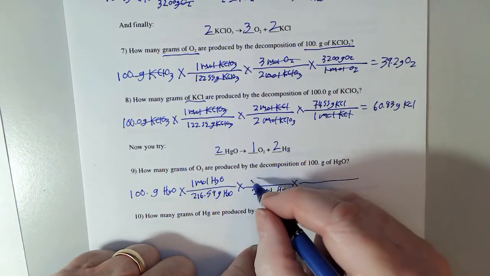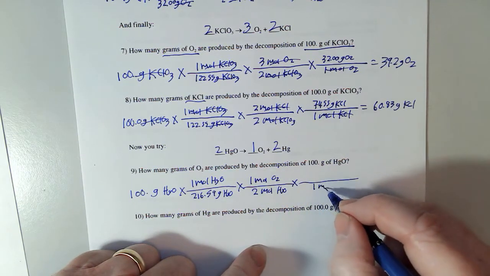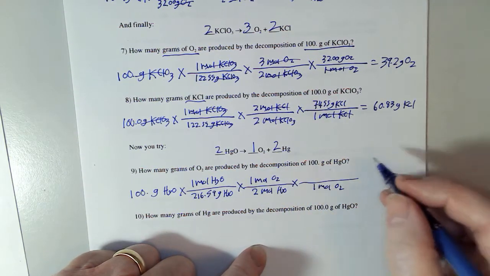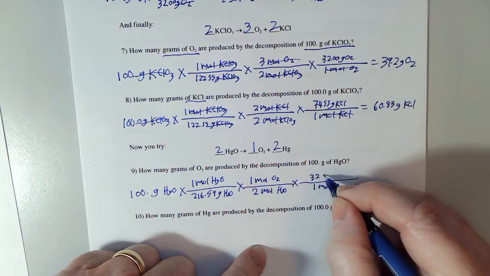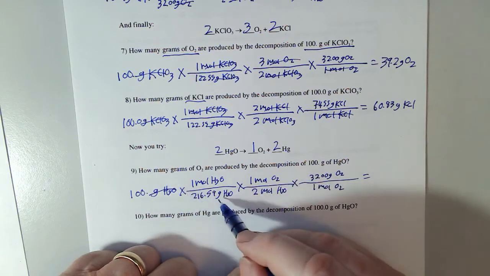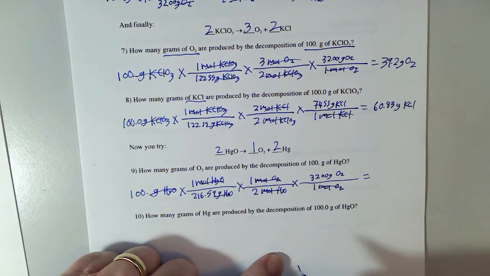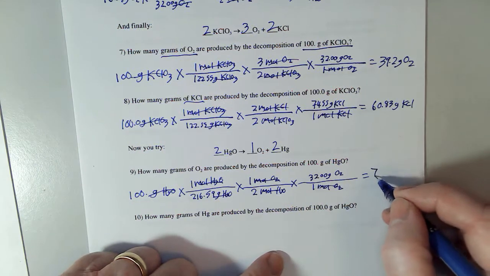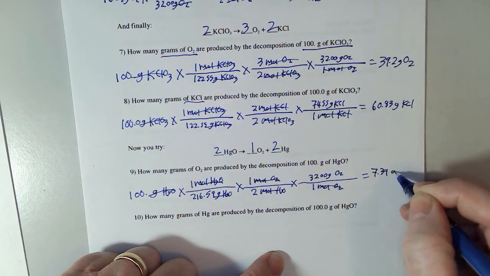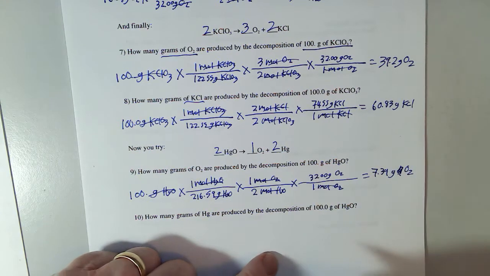We're looking for O2, so it's 1 mole O2, 1 mole O2, 32.00 grams O2 equals, those cancel, those cancel, those cancel, and I got 7.39 grams of O2.